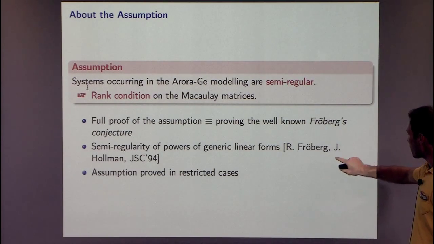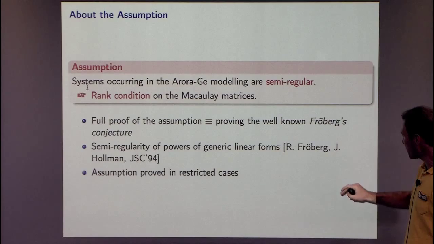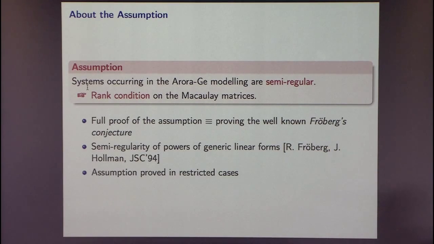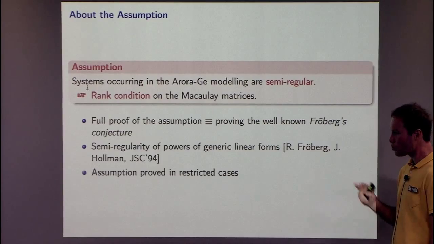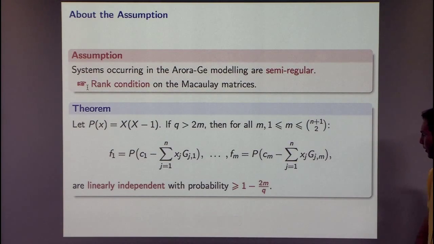But it appears that this type of system of equations has been investigated by the author of the conjecture. And he also believes that these systems of equations are indeed semi-regular, and actually he proved it in some restricted cases, when the number of samples m is equal to n plus 1. So we try to prove the assumption in some restricted cases.